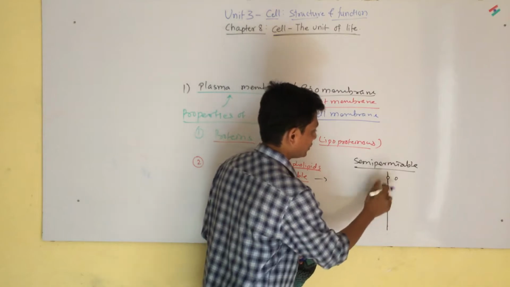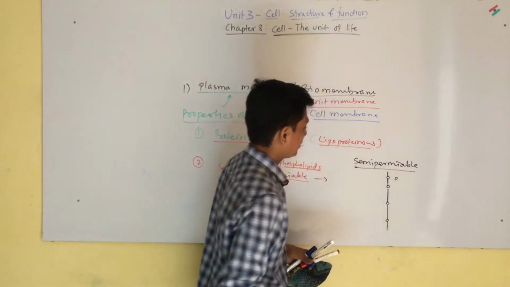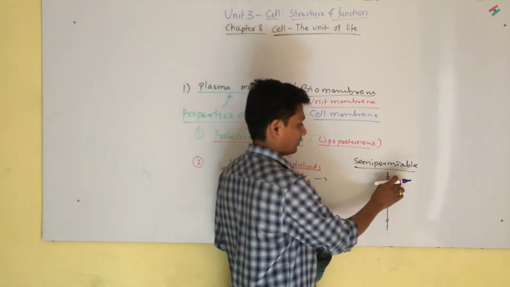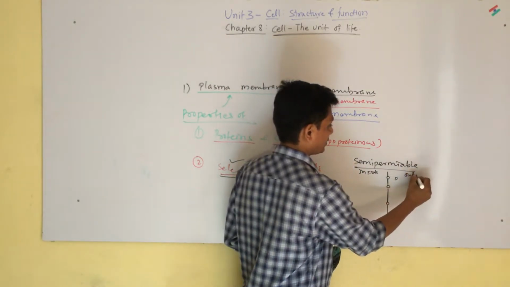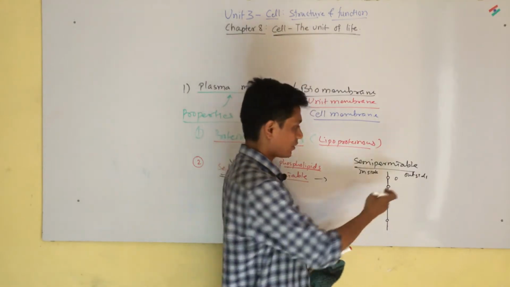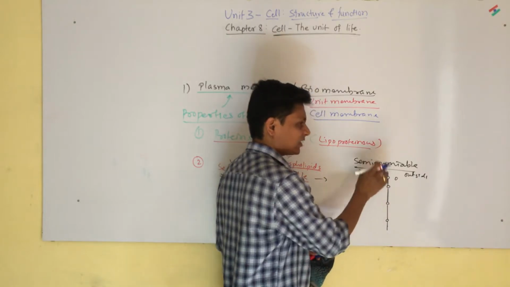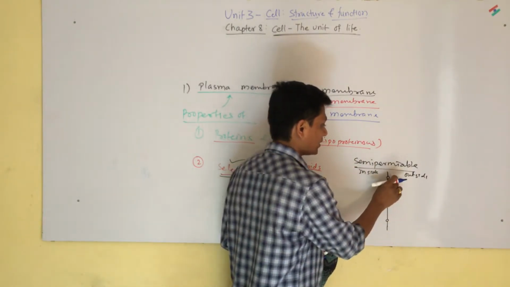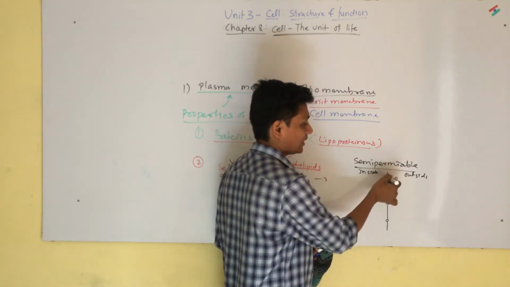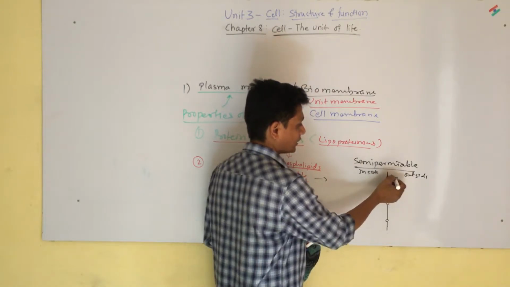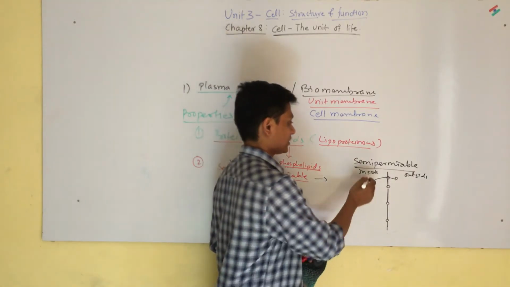Suppose this is the semi permeable membrane, with the inside of the cell on one side and the outside on the other. Material can be transferred from outside to inside through the membrane only when its size is less than or exactly similar to the aperture size, so it can penetrate through this aperture and come inside.